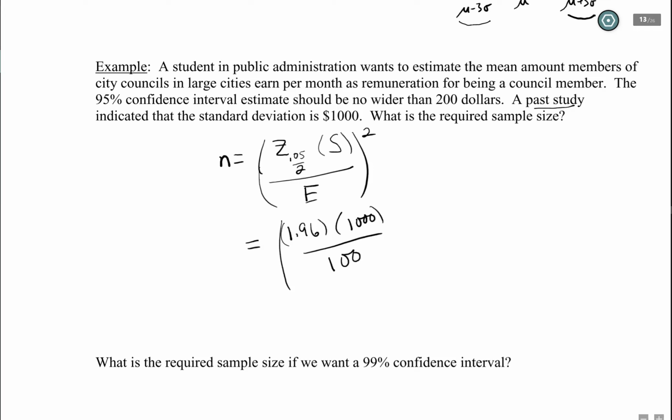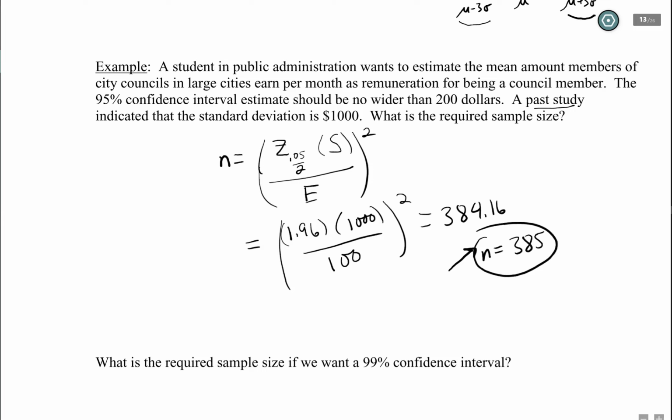That means E needs to be 100. I'm going to square that, and then let's see what we get if we square 1.96 times 1,000 divided by 100. You're going to get roughly 384.16, and so you'll want to round up to 385 should be your sample size.